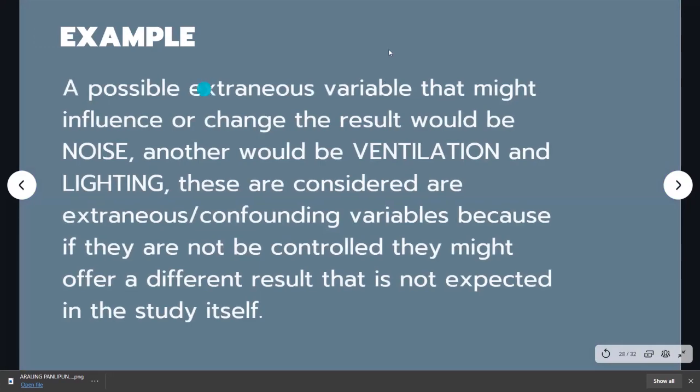So, the possible extraneous variables that might influence or change the result would be noise, ventilation, and lighting. So, these are considered as extraneous or confounding variables because if they are not controlled, they might offer a different result that is not expected in the study itself.